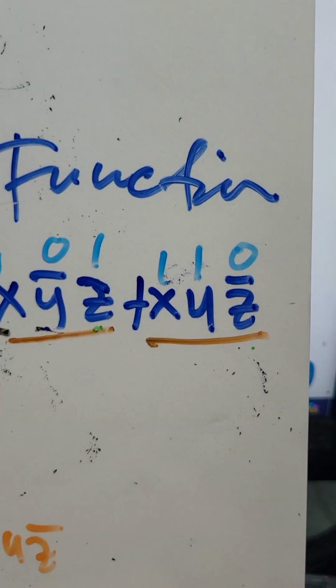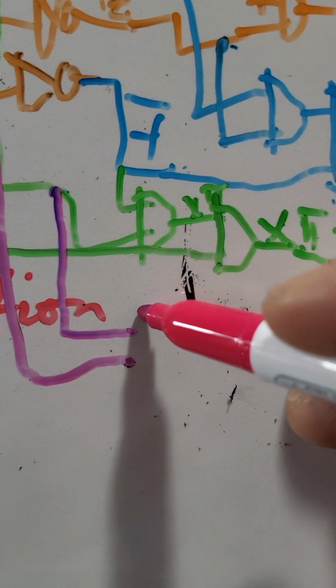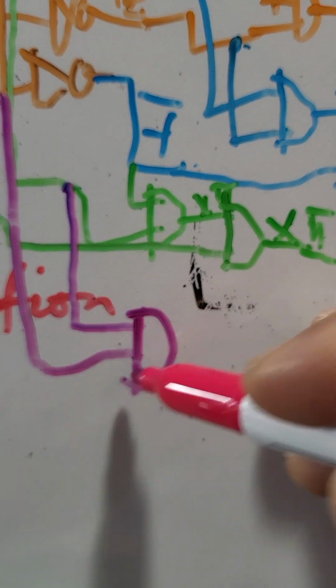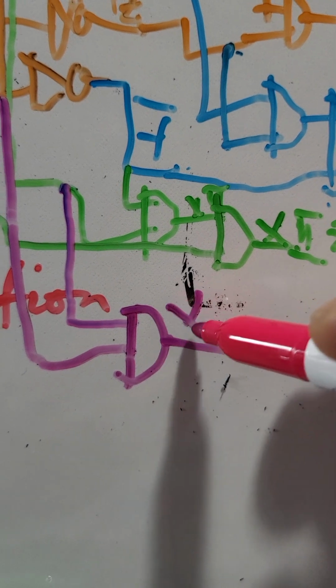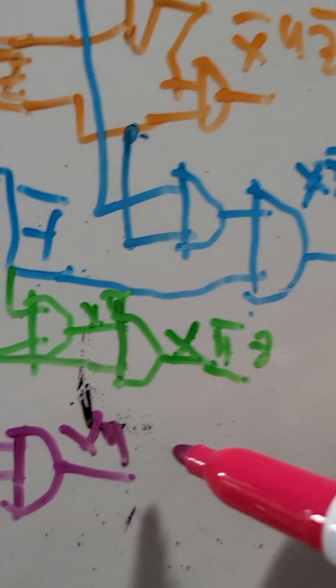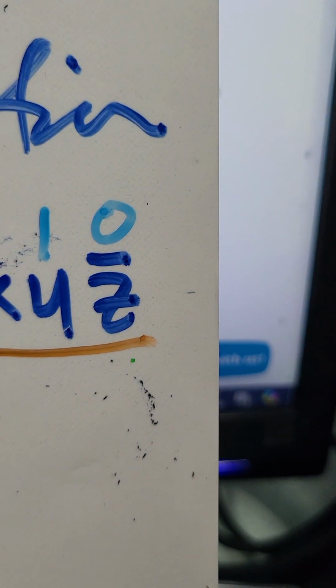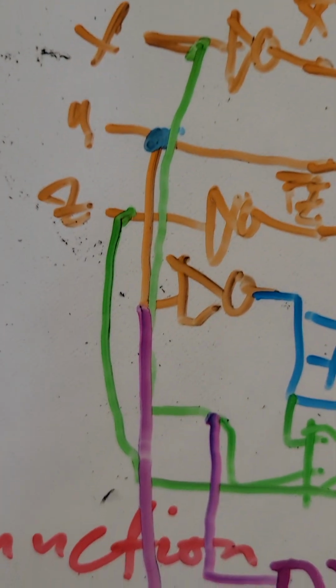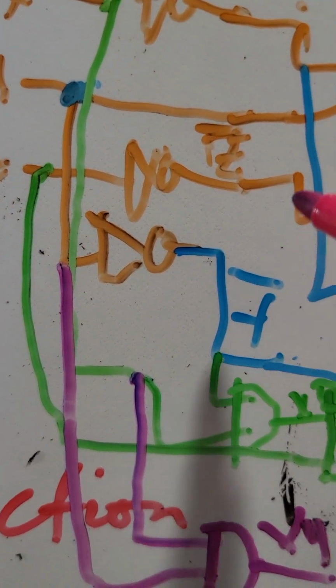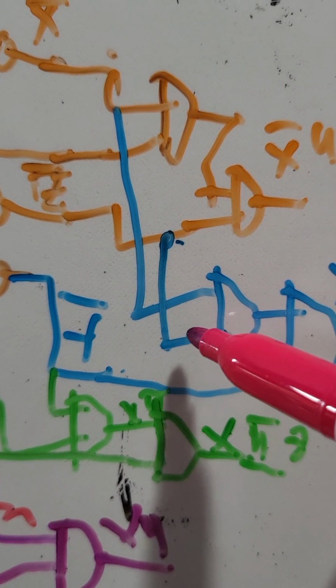So this is x y. Then finally you have z bar. Where is the z bar here? You can tap this one also, z bar.